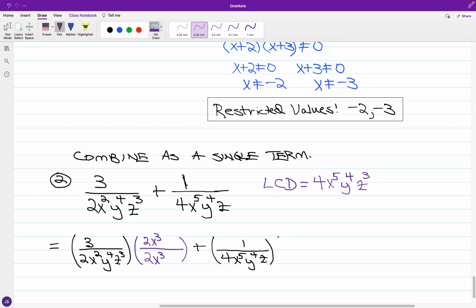For 1 over 4x to the 5th, y to the 4th z, we already have 4, x to the 5th, and y to the 4th, but for z into z cubed, this is going to be z squared.